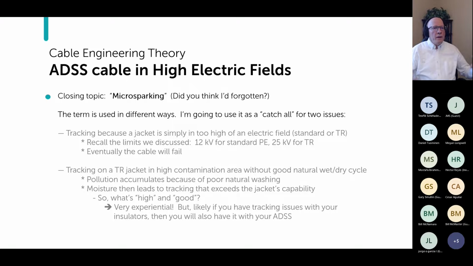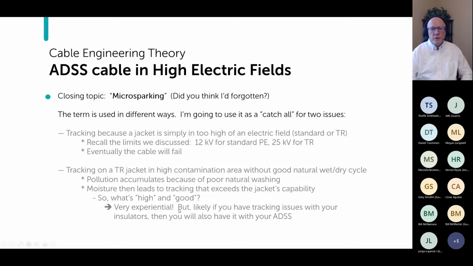Even more importantly, know that you should avoid putting an ADSS cable on a particular area, even if it's tracking resistant. So knowing a pollution threshold, I'm arguing, is not necessarily sufficient to help you do good design for your system.